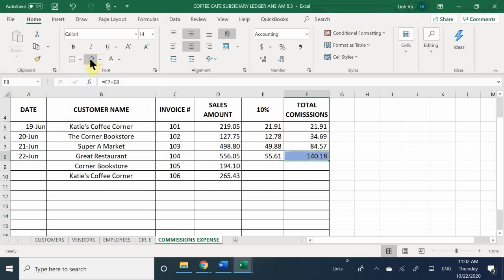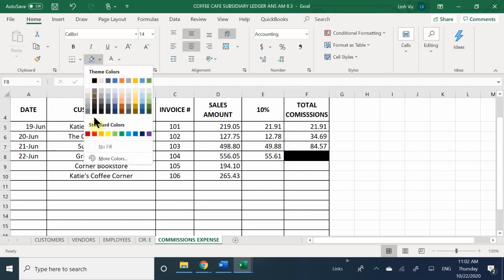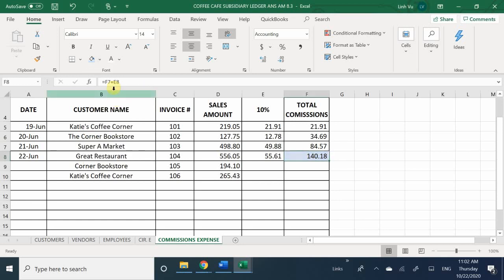He only made 140.18. I'm going to highlight that so I know that this is what he submitted to me on the payroll sheet. That means the next time he makes another entry, it's going to start all over from zero, because this is what we're going to pay him this pay period.